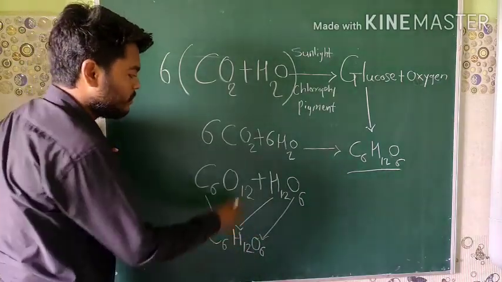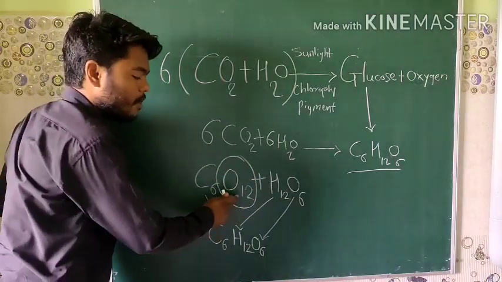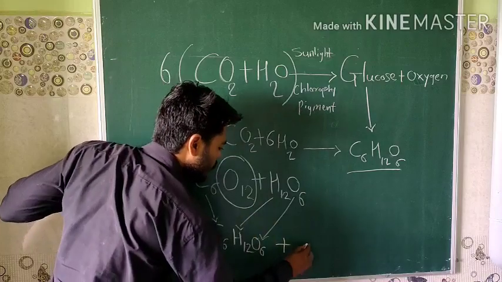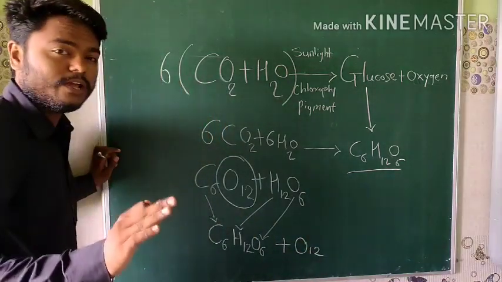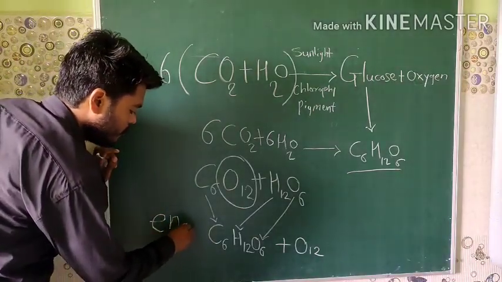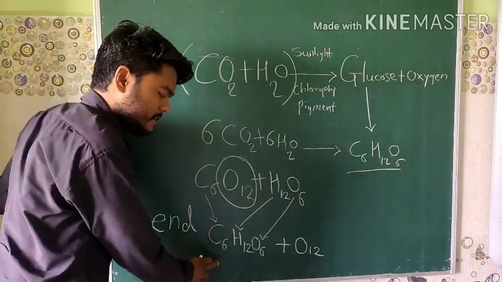C6H12O6. Now these oxygens are remaining, so we add plus O12. So what did we get in the end? Here the photosynthesis ends.